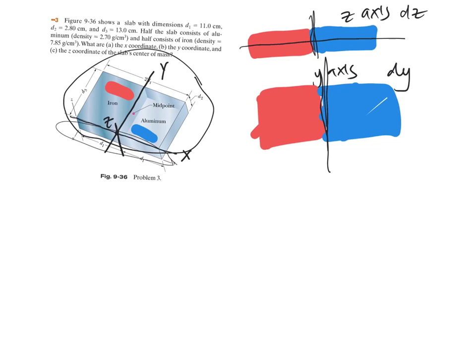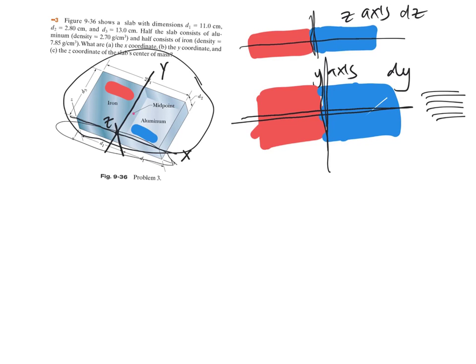So dy is going to be parted like this, right? It's going to be parted like this, and like this way. So it's the same logic. By symmetry, this point is going to be where the mass is parted exactly equal, which is why it's D3 divided by 2 for the number.